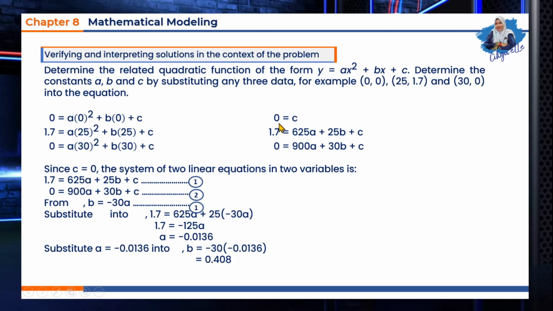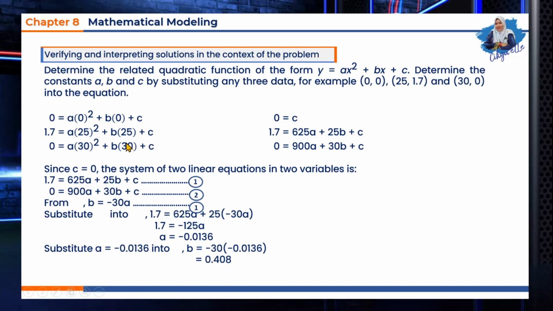That is the first equation we have. Next, when we substitute the second ordered pair, x is 25 and y is 1.7, into this quadratic function, we get this equation: 1.7 equals 625a plus 25b plus c.